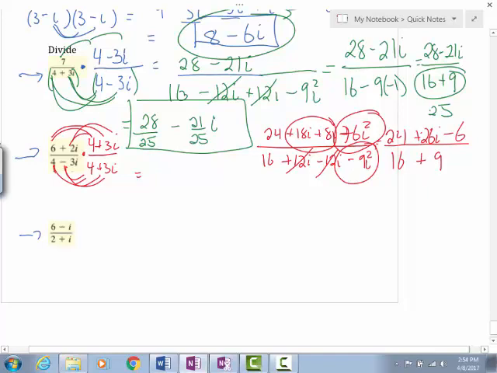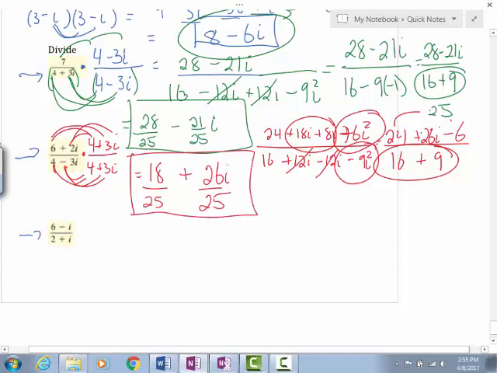Now the top: 24 minus 6 is 18, plus 26i. On the bottom, 16 plus 9 is 25. So I'm going to write 25 here and 25 here, and there's my answer.